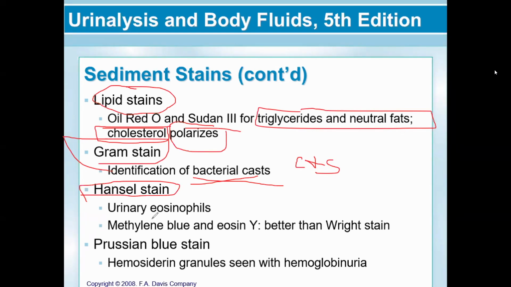But when they're present in large amounts, approximately more than one percent of 100 to 500 cells, it becomes significant. Where do we see this? In our patients with drug-induced allergy. So, we can see many eosinophils in their urine, and we can stain those eosinophils for identification using your Hansel stain. So, we use your methylene blue and your eosin Y.